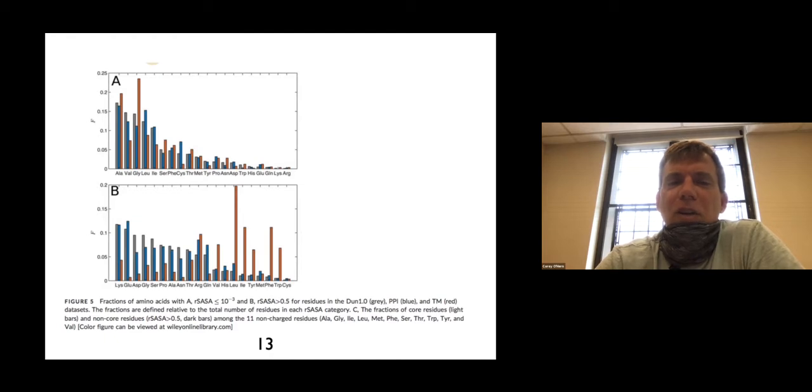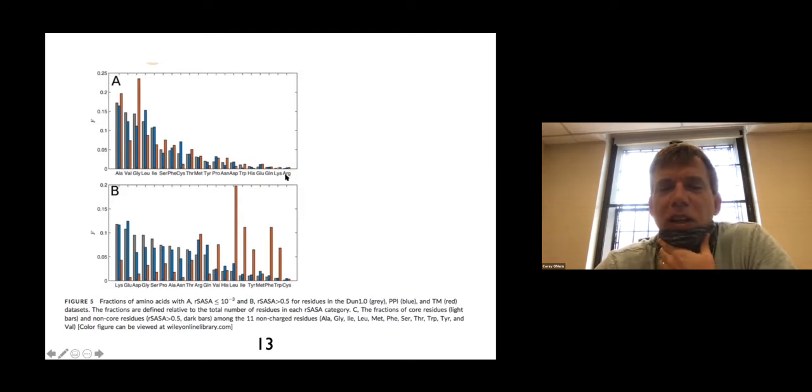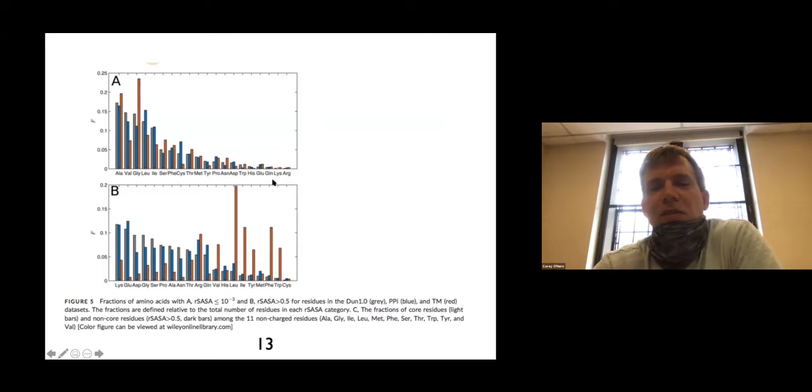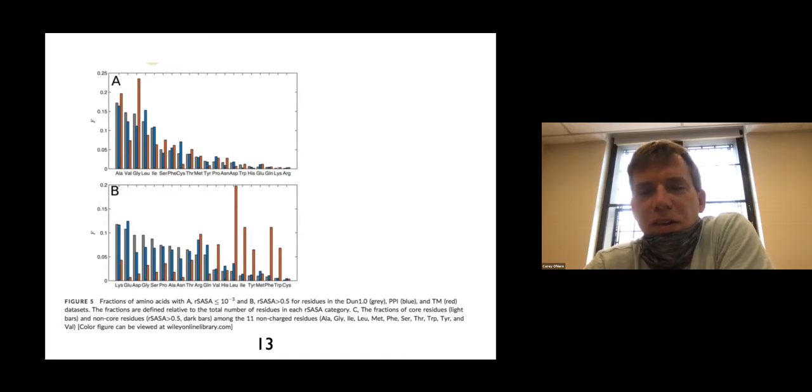So they're typically occurring in the core, the central regions of proteins, whereas charged residues like arginine, lysine, glutamine have lots of solvent accessible surface area, and so they're never occurring in the core, or very infrequently occurring in the core.